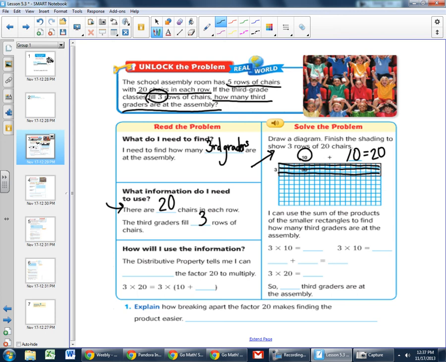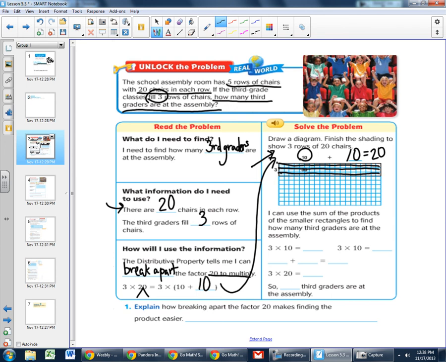That was in our problem here. So we colored in 3 rows, 1, 2, and 3. So that tells us, the distributive property tells me that I can break apart. That's what we talked about at the beginning. The factor of 20 to multiply. So I'm going to break 20 into 10 plus 10, which is what we did up here.